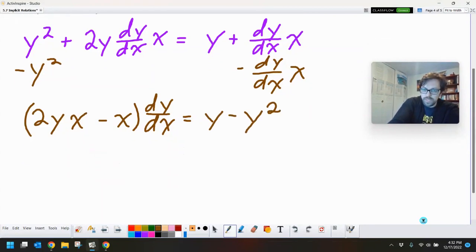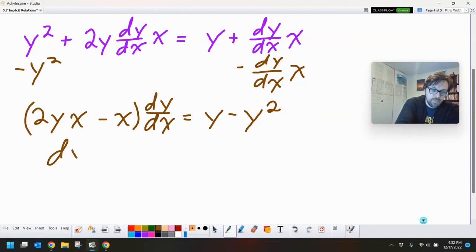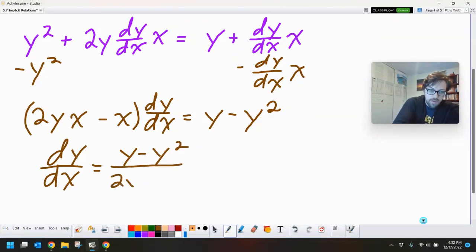And then we divide both sides by that. So we get dy over dx equals y minus y squared over 2yx minus x.